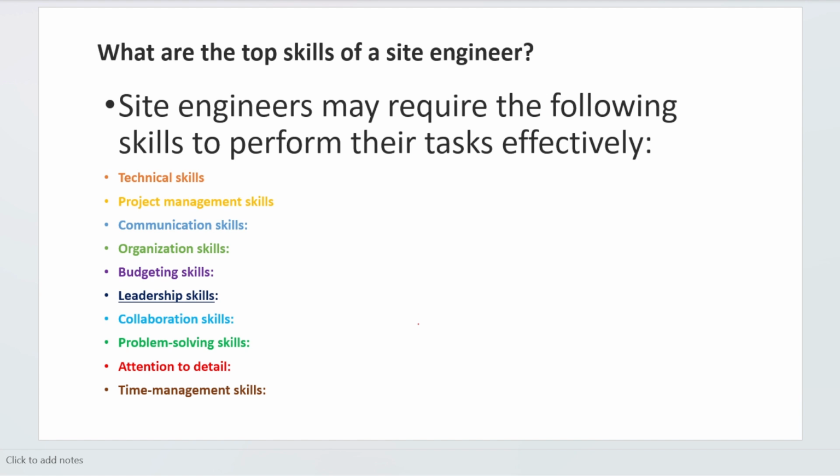The third one is communication skills. So we have done with these two. Now the third one is communication skills. Of course, you will be dealing with your seniors, other engineers, the consultant representatives, whether an architectural engineer or any other professional from the consultant side, or the client.